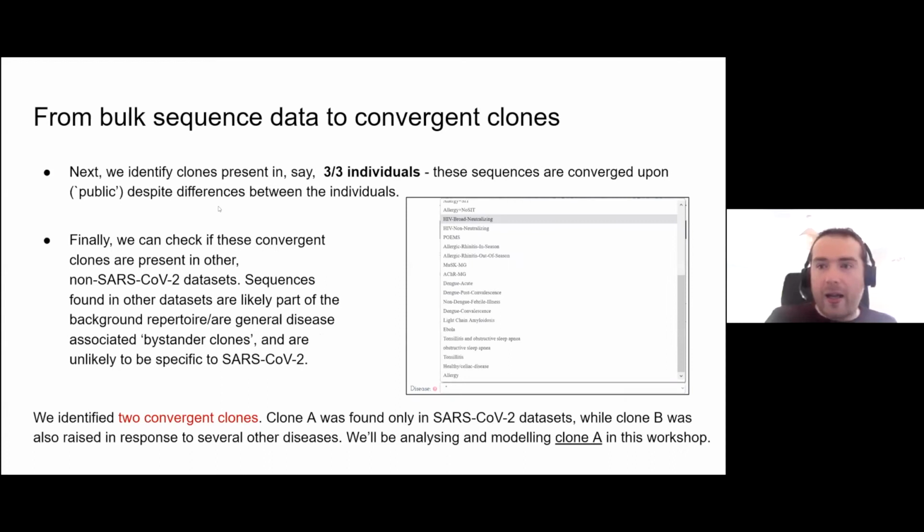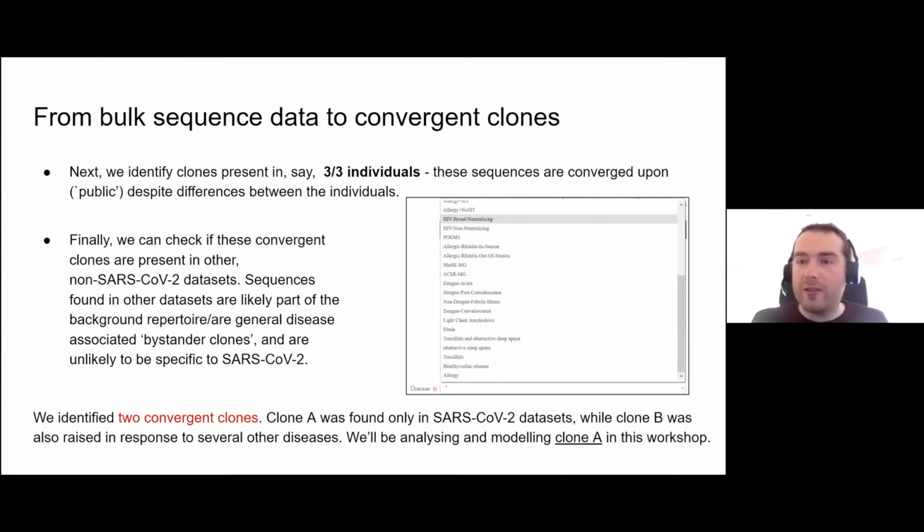And so from there, what we can then start to do is identify clones present in multiple individuals. So say in our example, we did this for 3 individuals. What we want to see is, are these clones the different immune repertoires will naturally converge upon in the presence of the antigen, despite being from different individuals.